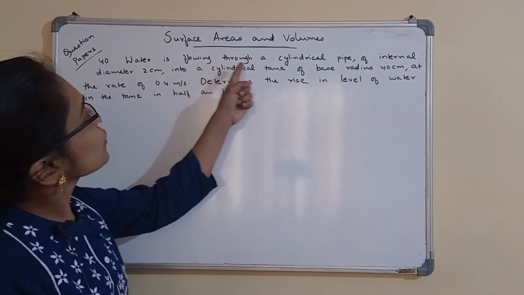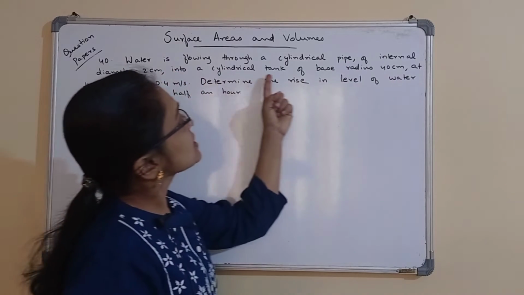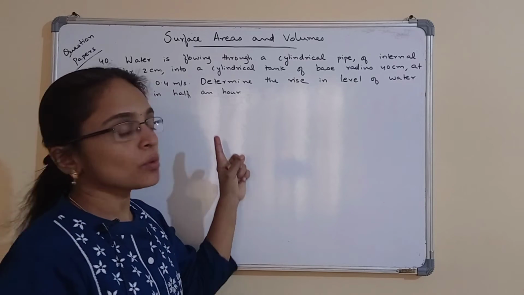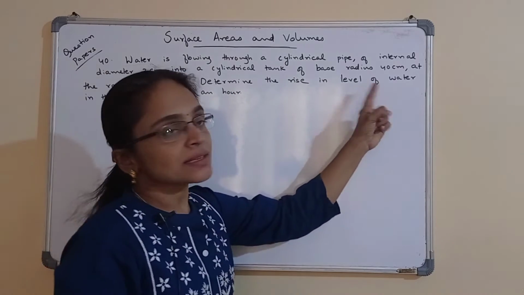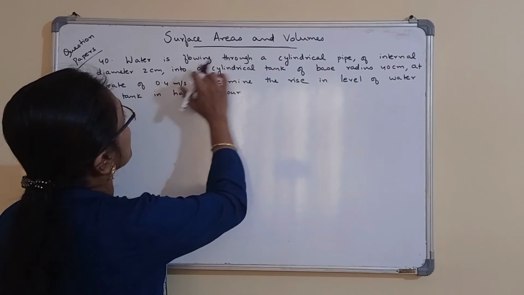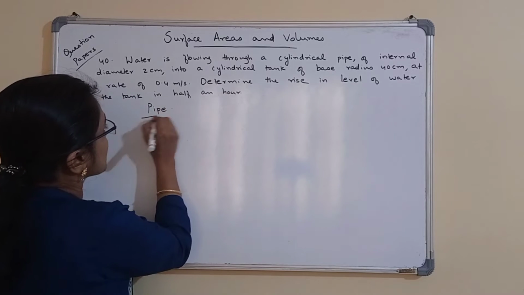Next one, water is flowing through a circular pipe of internal diameter 2 cm into a cylindrical tank of base radius 40 cm at the rate of 0.4 meter per second. Determine the rise in level of water in the tank in half an hour. So, water is flowing through cylindrical pipe. First, let us consider the pipe.